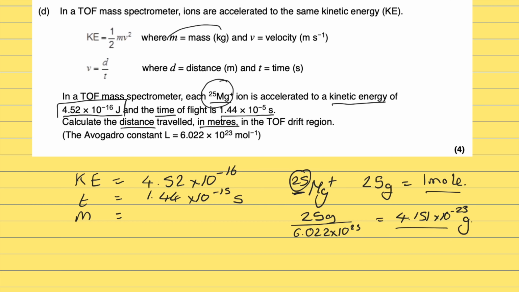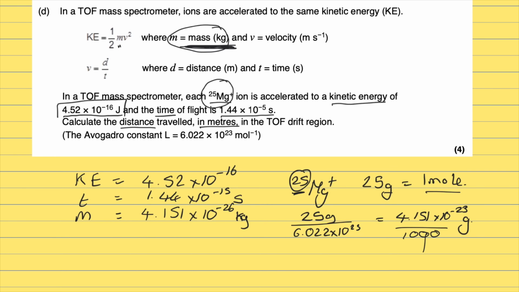However, this is something that's really important. The mass is in kilograms in this equation, and we've just calculated the mass in grams. So we need to divide this by 1,000 to get the mass in kilograms. So that would be 4.151 times 10 to the minus 26 kilograms.